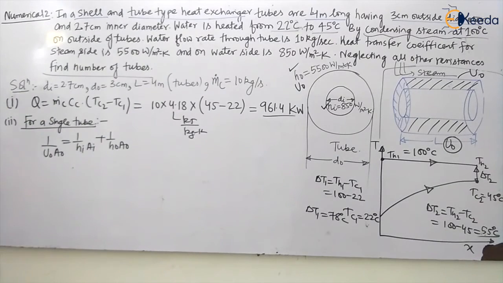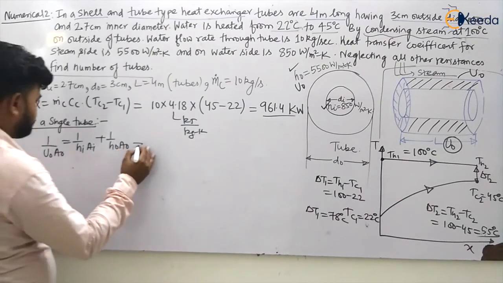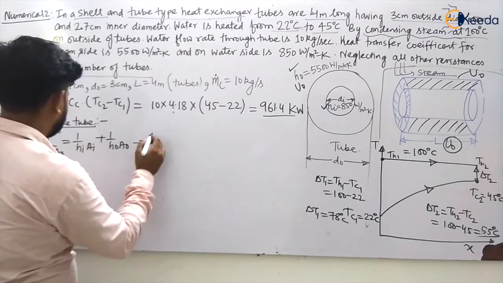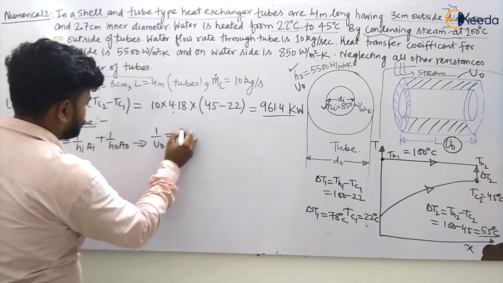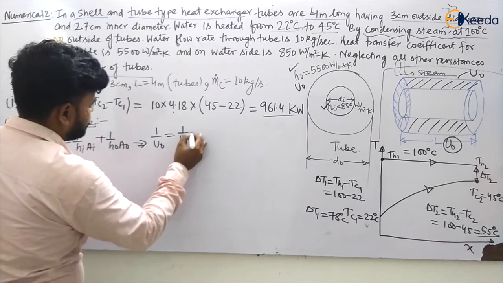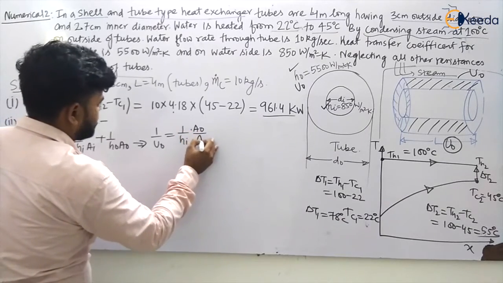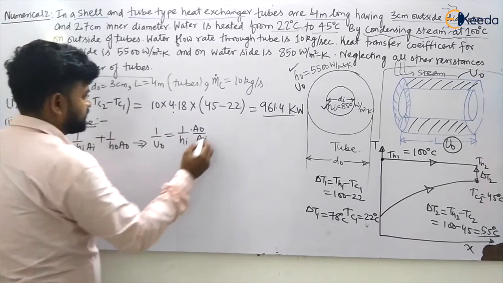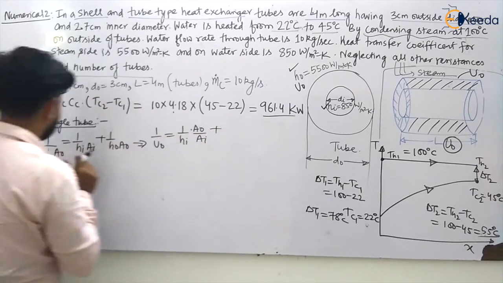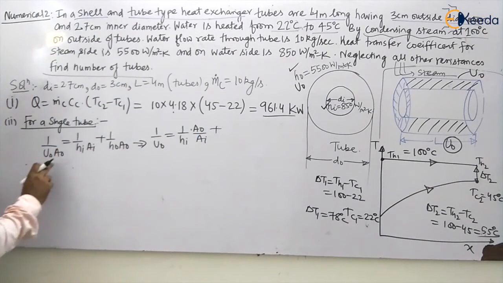If I multiply both sides by A naught, I will have 1 upon U naught is equal to 1 upon Hi into A naught by Ai plus 1 upon H naught. Let us take small a naught, because I am taking the small area of a single tube.